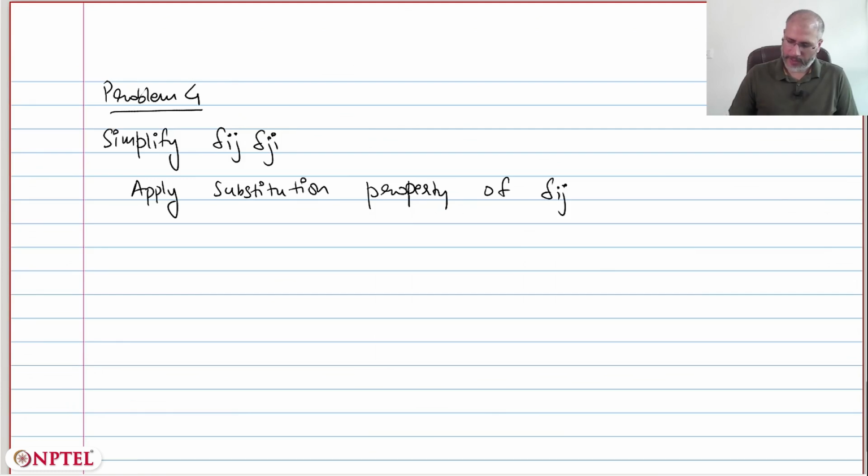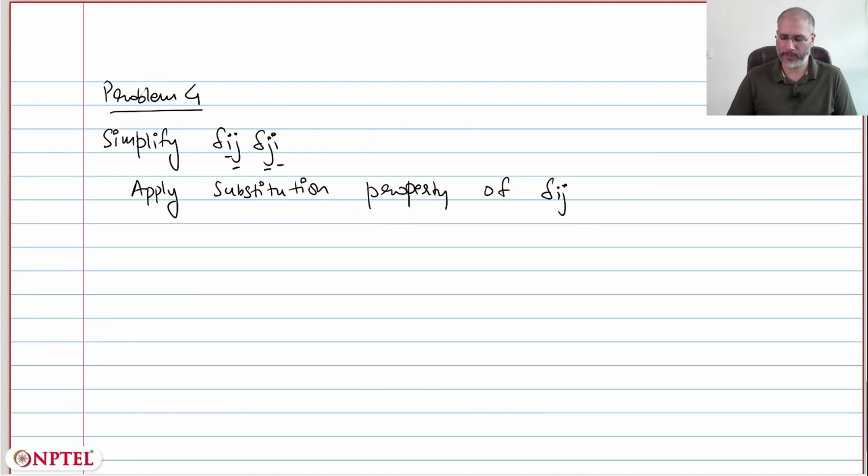It says that if one of the indices of a delta is repeated, then we can get rid of the delta. Now we have two deltas here, and you can see that in the first delta i is repeated, in the first delta j is repeated, in the second delta j is repeated, and in the second delta i is repeated. So we have four options to apply the substitution property.